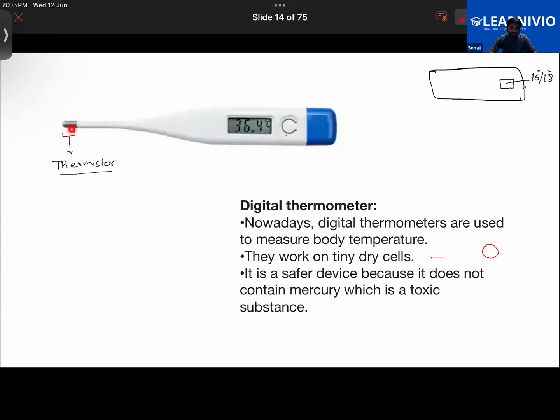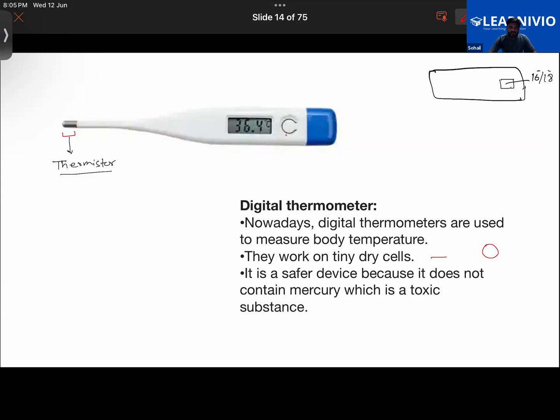Upon coming in contact with heat, it becomes active and converts the signal into digital form, which is displayed on the display unit. Nowadays digital thermometers are used to measure body temperature. It's a safer device because neither is mercury used, nor is it breakable.